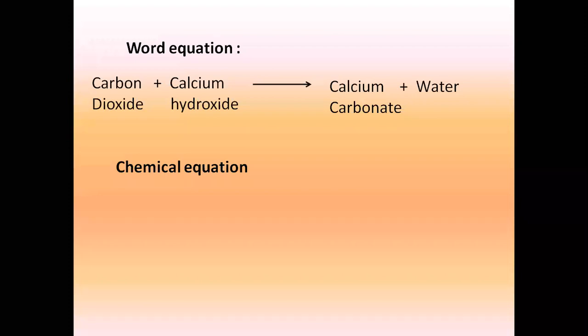Hydroxide stands for OH. Calcium is Ca. Ca का valency 2 है, OH का valency 1 है. So when I interchange, I get CO2 plus CaOH twice.